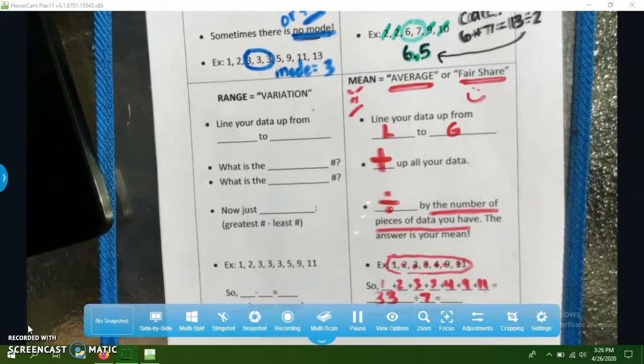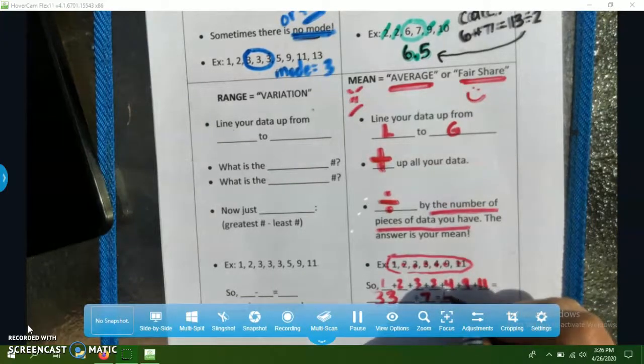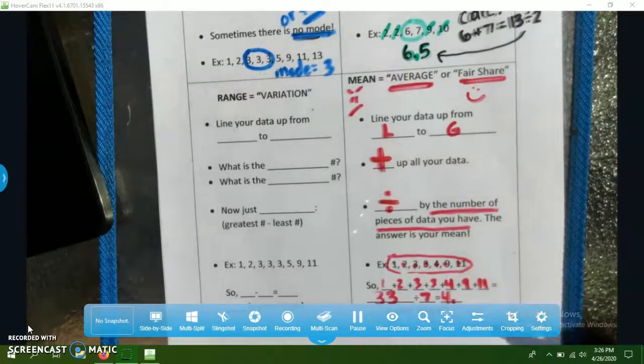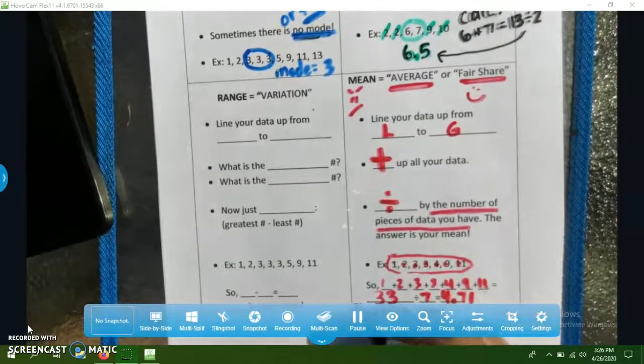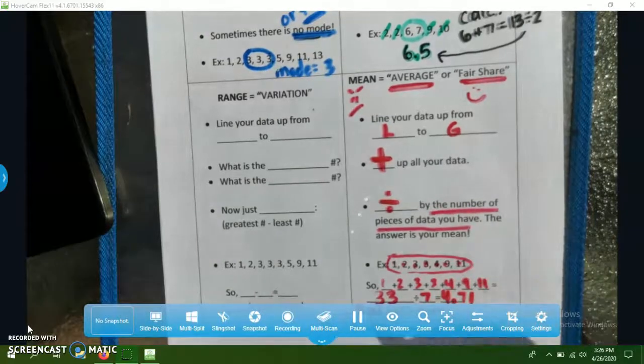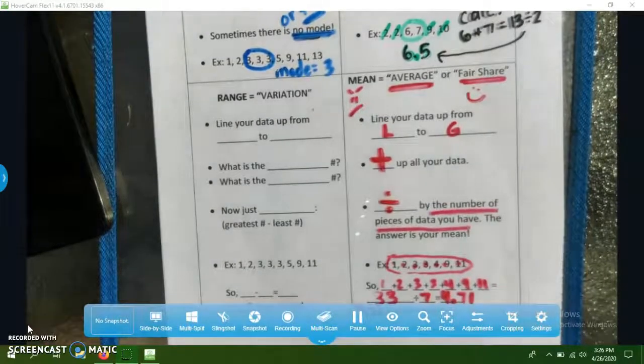It gives me a really long number, but I'm just going to take the money amount, stopping at the hundredths place: 4.71. So the fair share, or the mean, for this set of data is 4.71.